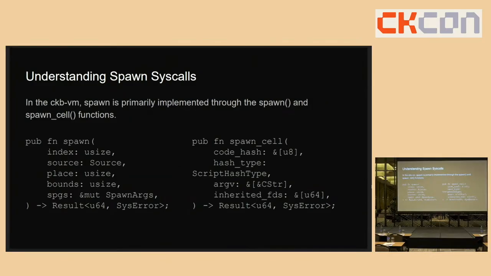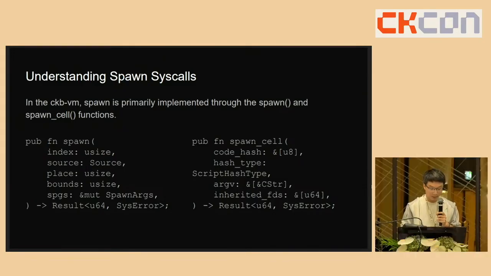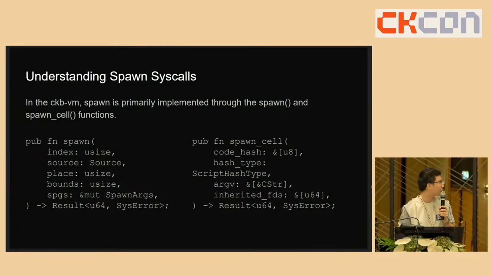In the CKB VM, Spawn is primarily implemented through the spawn and spawn_cell functions. These two functions offer nearly the same functionality, with the key difference being that spawn_cell locates the cell using the code hash and hash type, while spawn requires the developer to provide an absolute index and source.